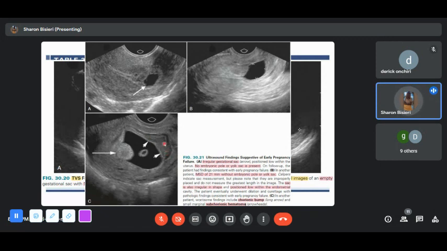The features that are here that are not present in these other two are this subchorionic hematoma and the chorionic bump, which are both signs of early pregnancy failure in addition to this irregularly shaped gestational sac.